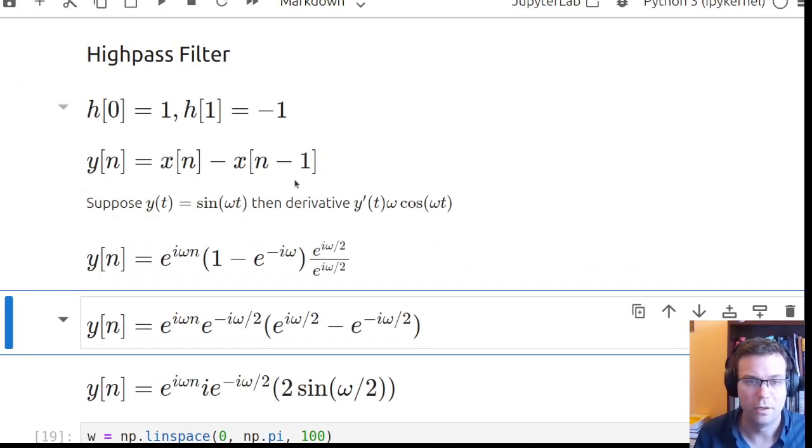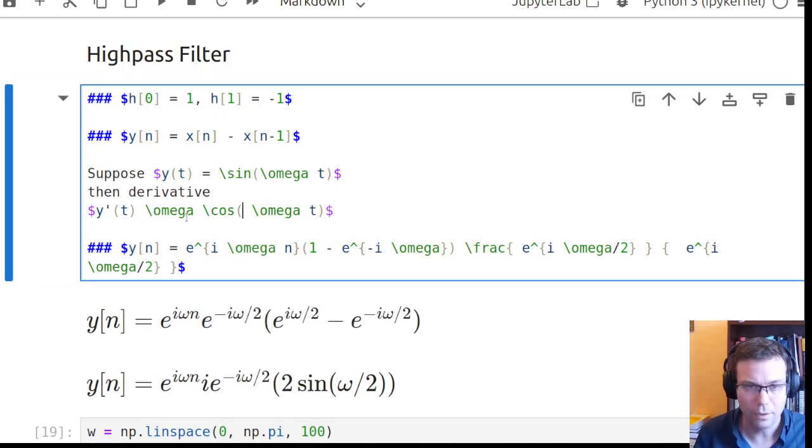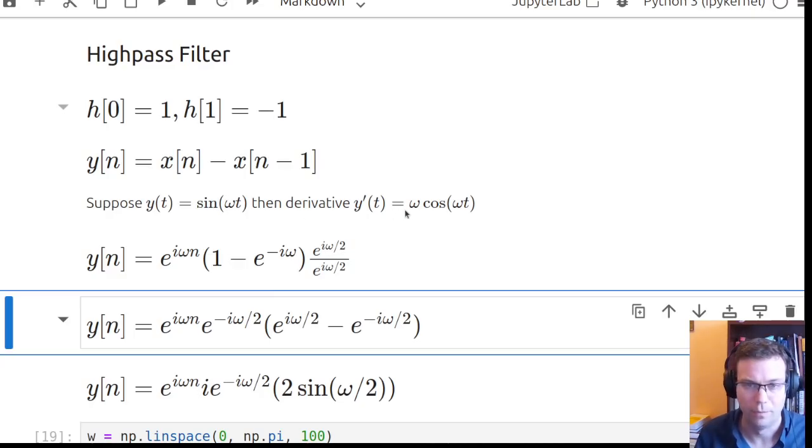What you see here is that when I take the derivative, the amplitude of the sinusoid goes up the higher I am in frequency. So this is a little bit of hand-wavy intuition for why the derivative would be a high-pass filter. It has a higher amplitude response for higher frequencies.